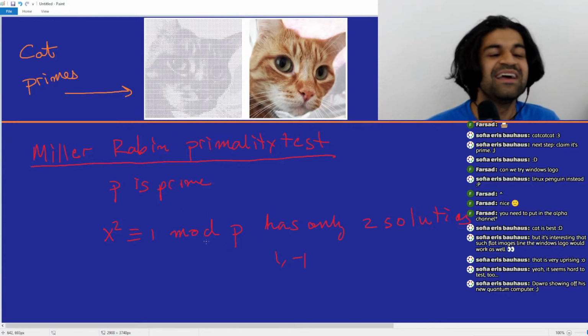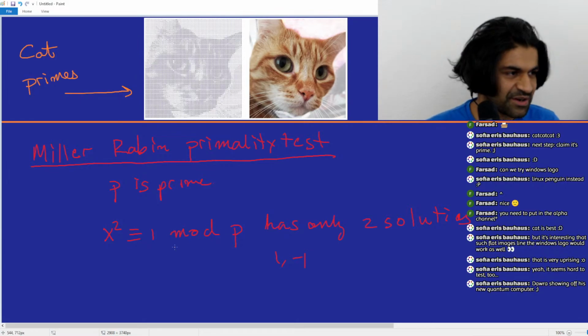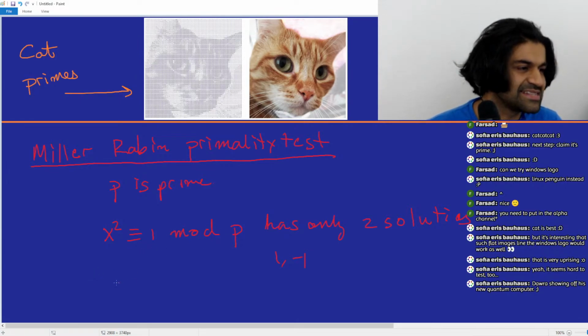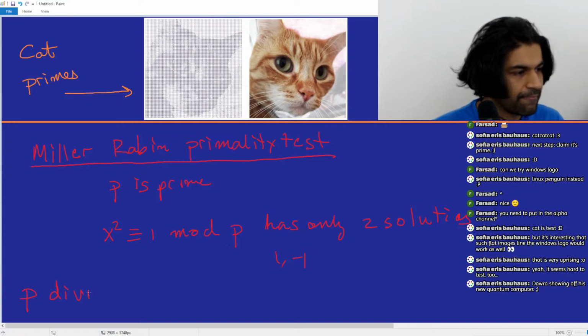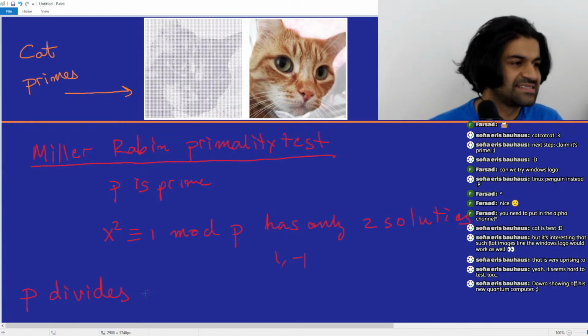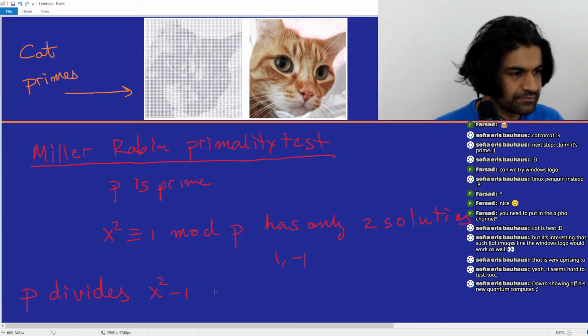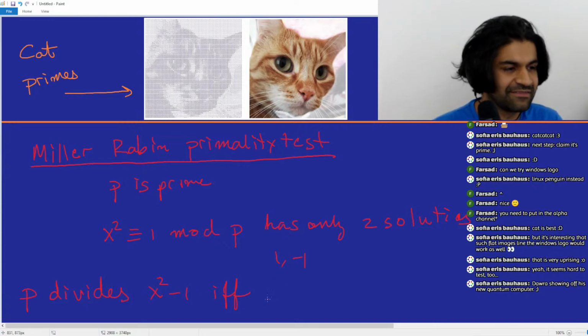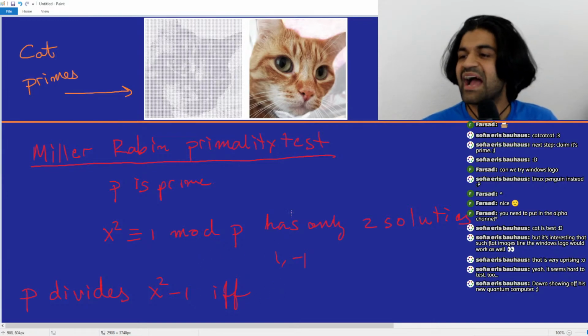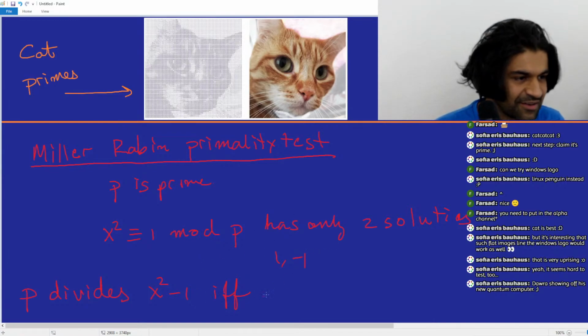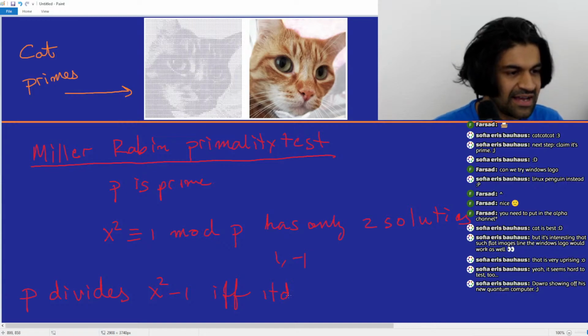How would you say this without modular arithmetic, in case you're not familiar with it? What I'm saying essentially is that the prime number p divides x squared minus 1 if and only if it divides either x minus 1 or x plus 1.